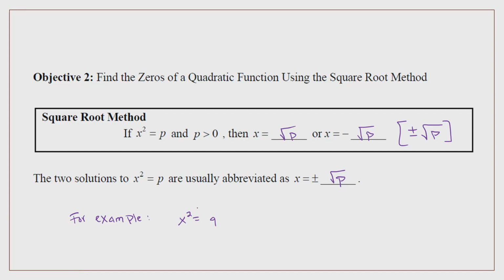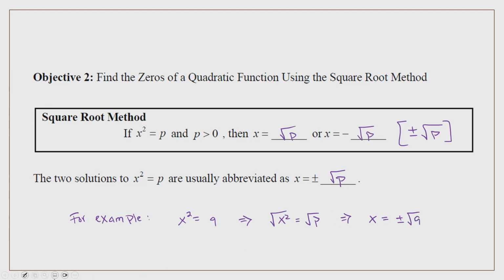All right, let's say x squared equals 9. Then I would take the square root of both sides in order to eliminate the square on the x. This will then get us x equals plus or minus the square root of 9.